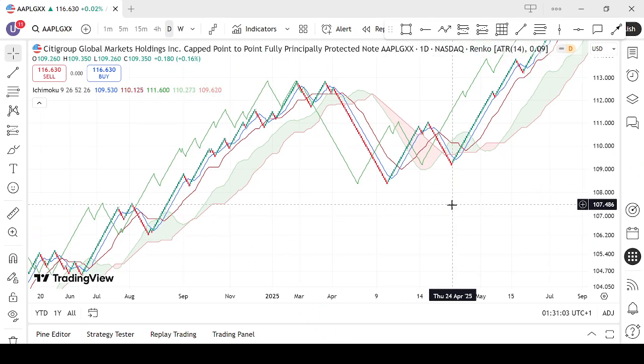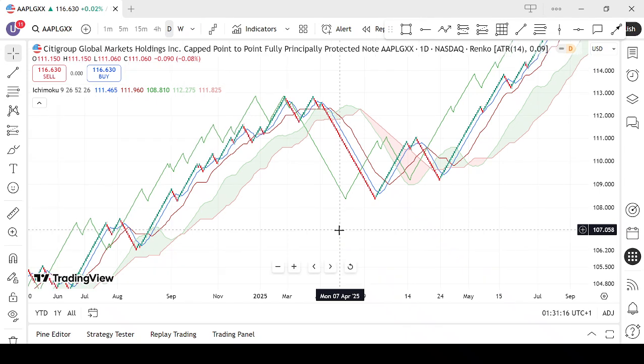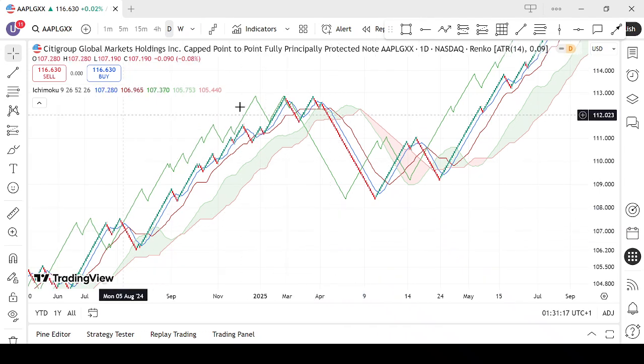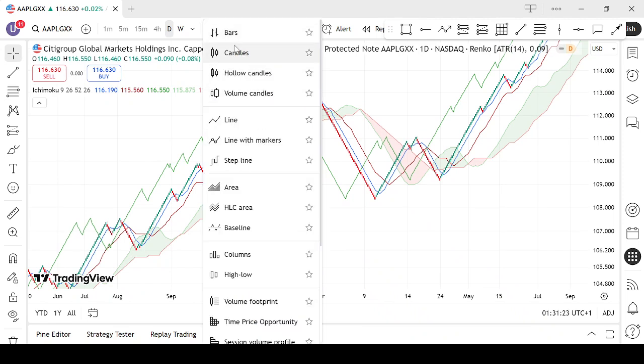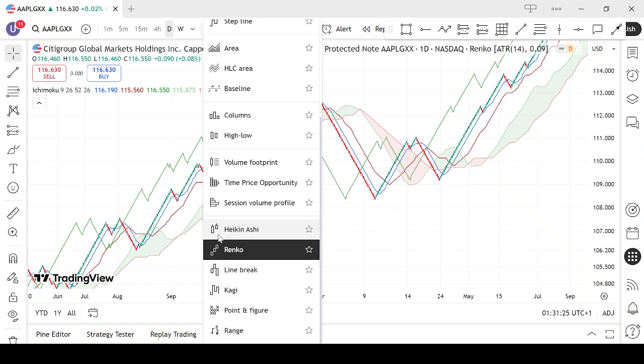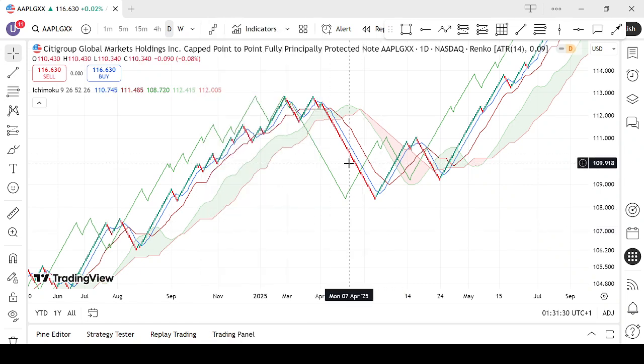Now, how do we apply the Explosive Ichimoku Renko trading strategy? This strategy combines Renko charts and the Ichimoku cloud to create a structured approach for swing trading. We start by setting up your Renko chart. If you don't know how to set it, go to your chart, remove the Japanese candlesticks and put in your Renko chart.